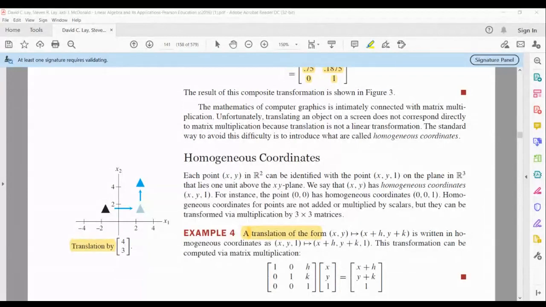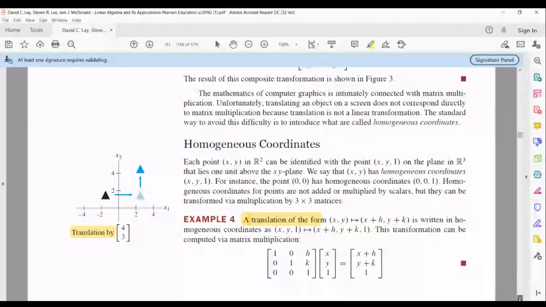Therefore you need to think of your XY coordinate as a homogeneous coordinate that has three elements: an X in the first spot, a Y in the second spot, which you're used to, and then a 1 as the third component. The 1 allows you to model translations.